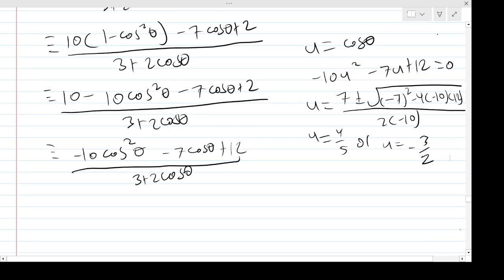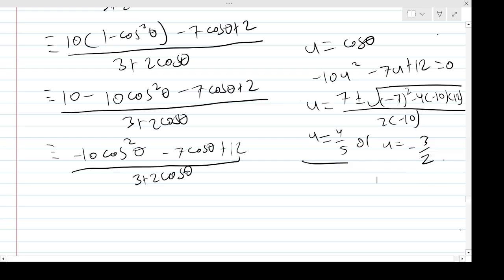Now we can actually get rid of these fractions. If we were to factorise at this point, we would say u minus 4 over 5, u plus 3 over 2 equals 0. Now, with factors in brackets, I don't want fractions in it, so we can get the proper factorisation.